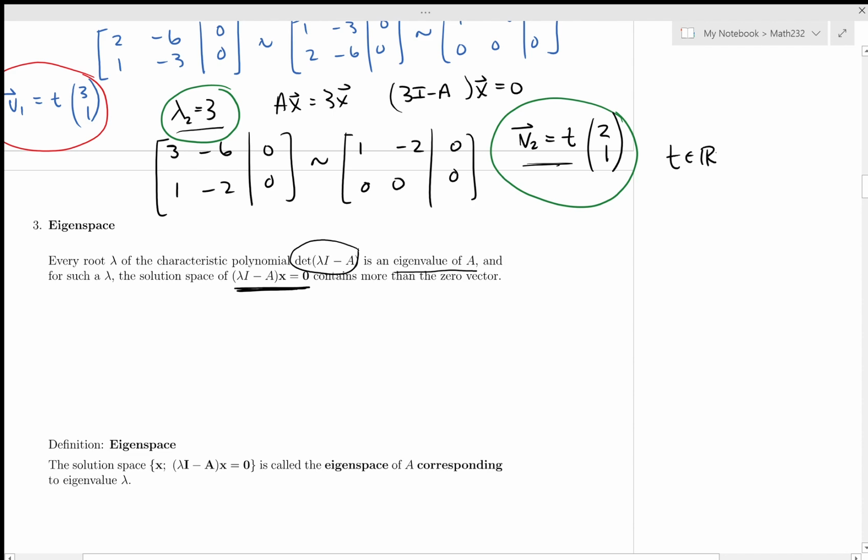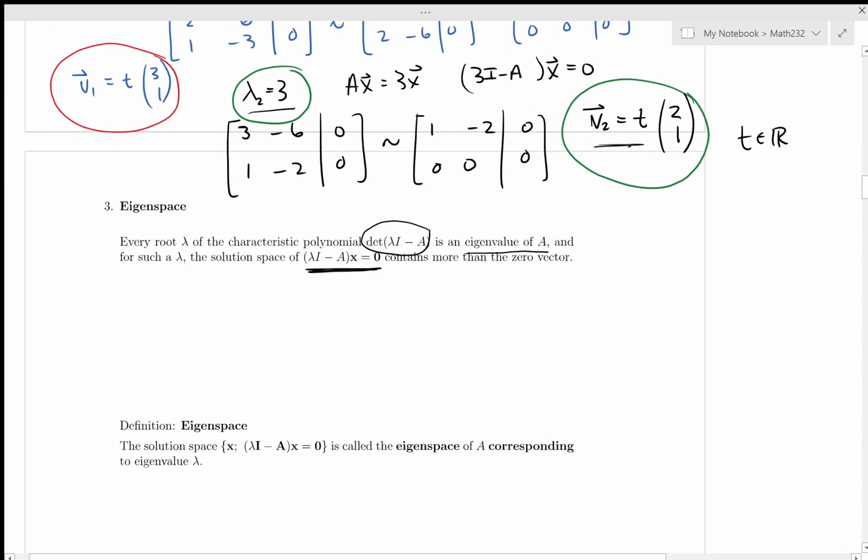Okay, so let us then observe that the eigenspace is the space spanned by the eigenvector. Let's just write that out for one example here. So this is the above example, the same matrix. So in our example, we had A is 0, 6, minus 1, and 5.